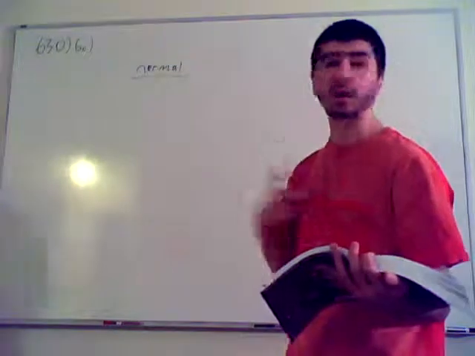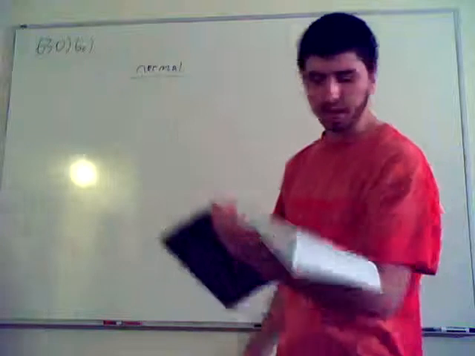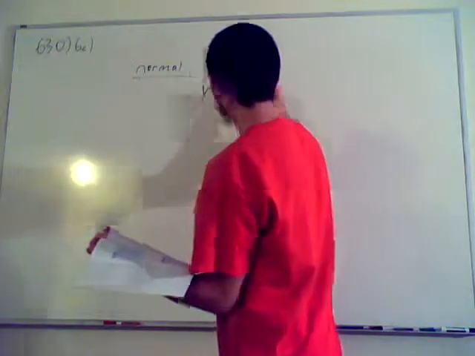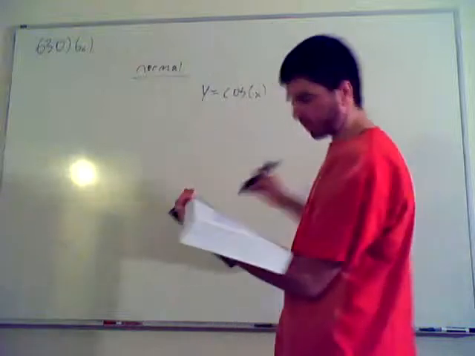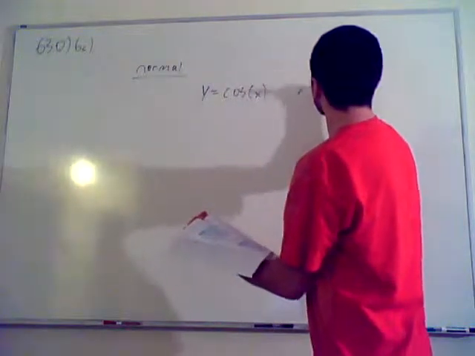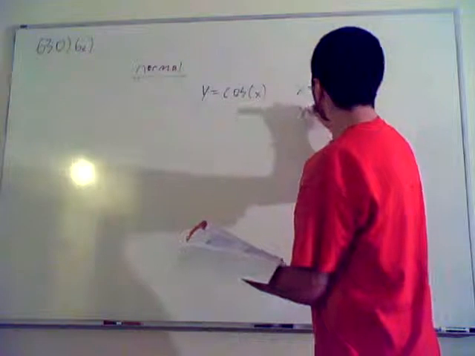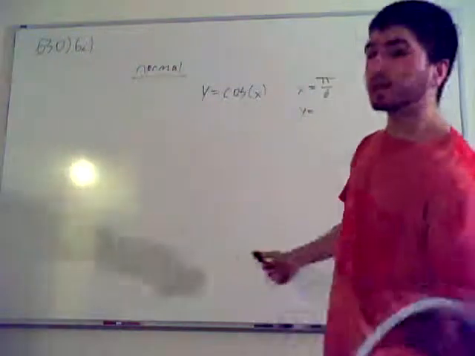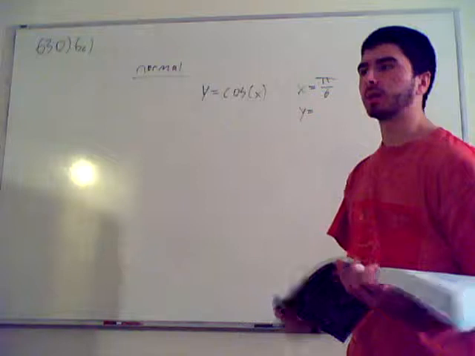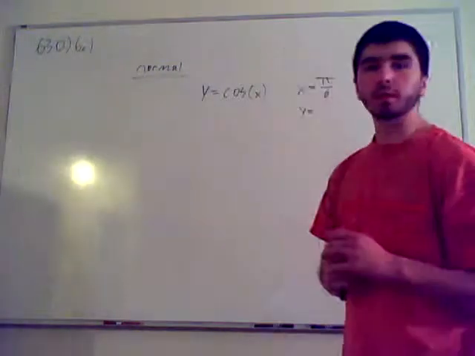I usually forget about it, so write it out. y equals cosine of x at the point where x equals pi over 6. Pi over 6 is 30 degrees, right? So what's cosine of 30 degrees?